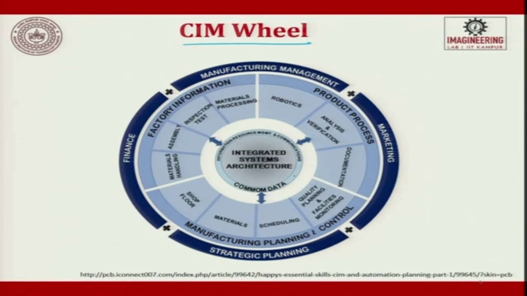In the next level of the wheel, you will see factory information, product process, and manufacturing planning and control. Under manufacturing planning and control, you will see shop floor, material, scheduling, quality planning and facility monitoring. These are all part of manufacturing process planning and control.